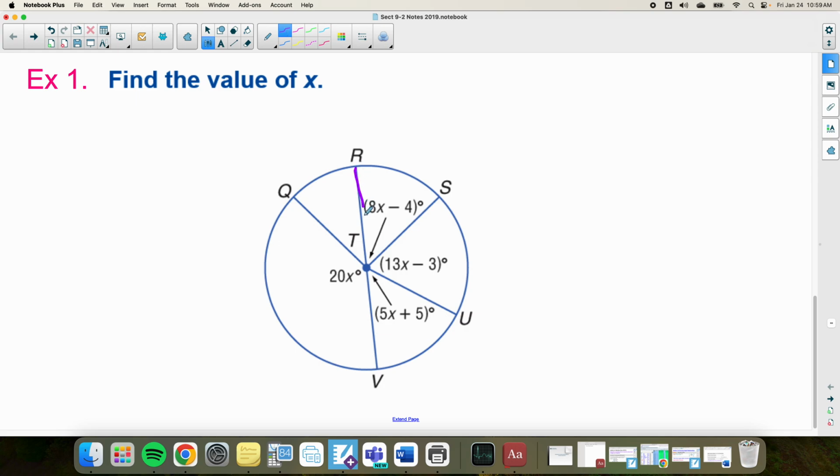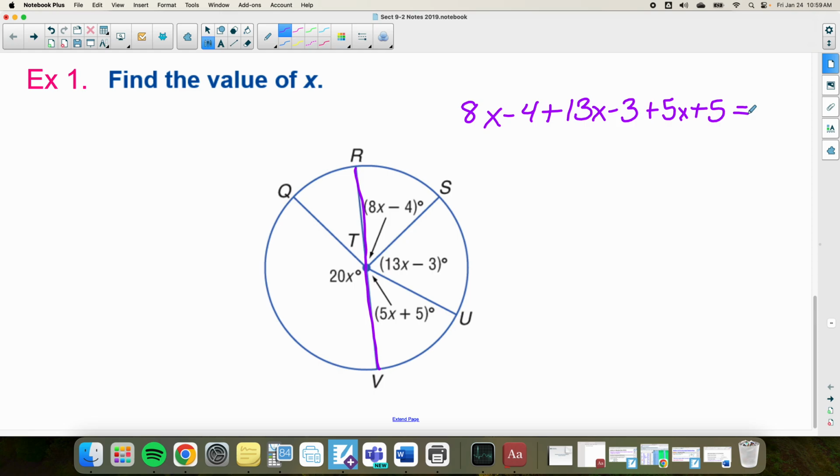So this is the same thing that Lexi was saying. She said add these 2 together and set equal to 180. The only problem with the left side is we don't know that one. But like Devin said, on the right side, don't those make a line so you can add them together to be 180? So I can go 8x minus 4 plus 13x minus 3 plus 5x plus 5 equals what?